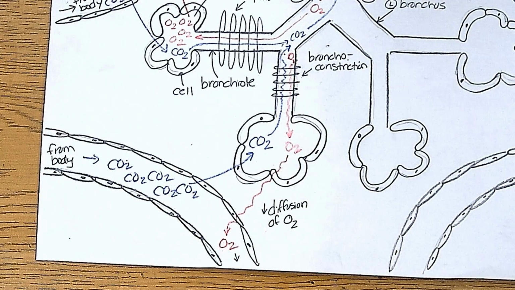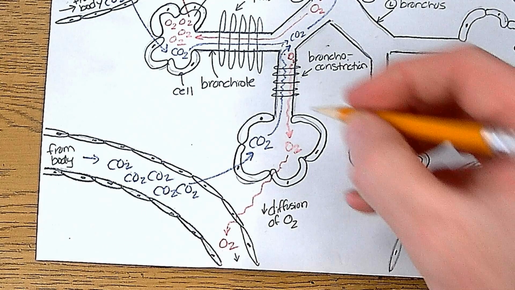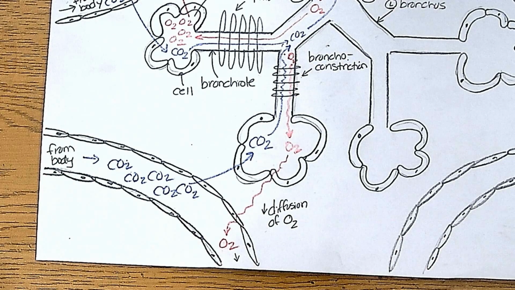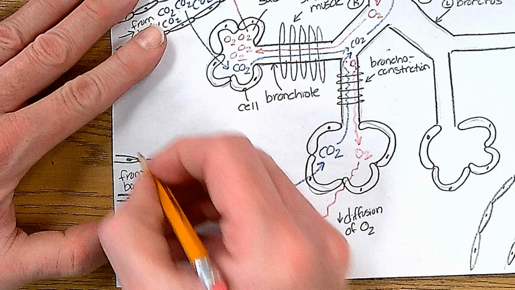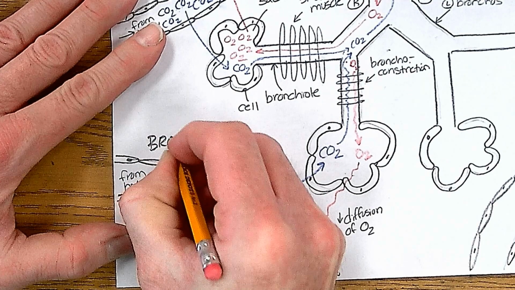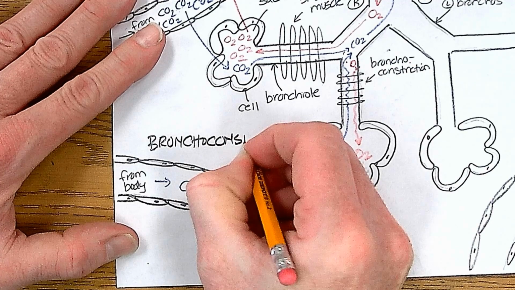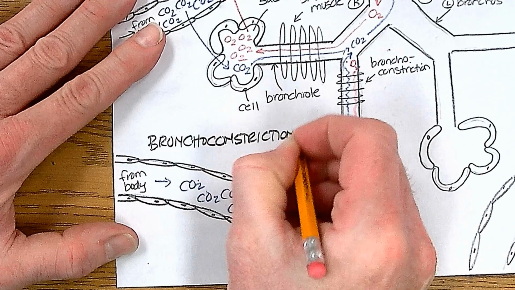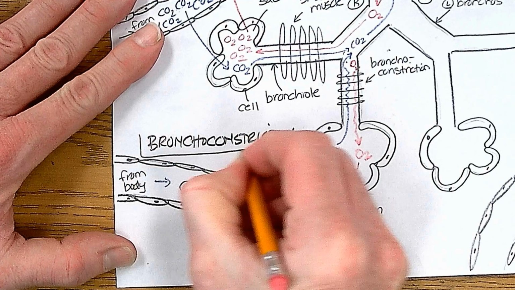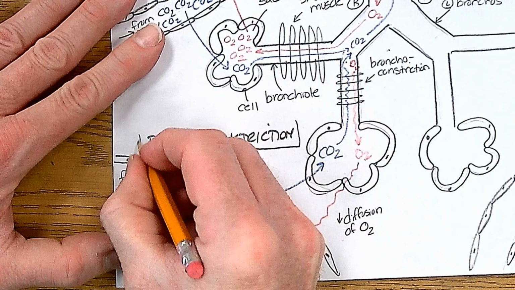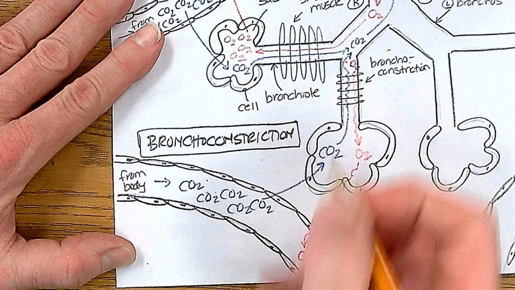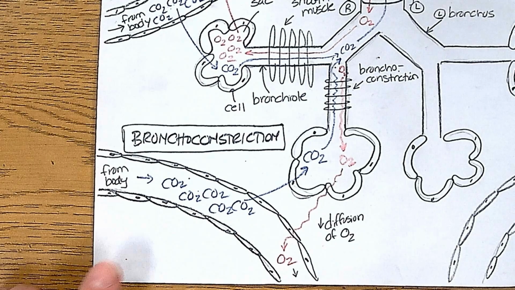Okay? We call what is happening here bronchoconstriction. So asthma is a prime example of bronchoconstriction.